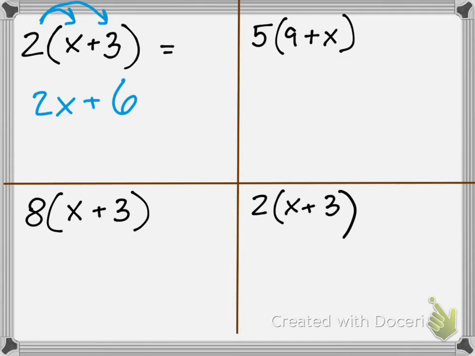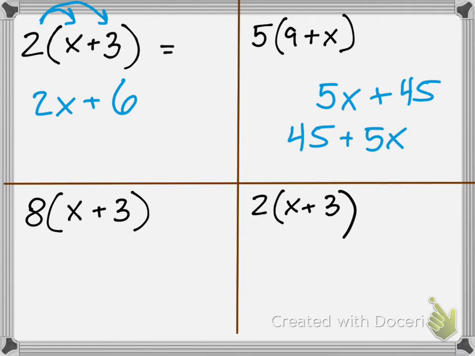So, Amelia, what is 5 times, in parentheses, 9 plus x? What is that going to be equal to? Okay, so like how we did on the last problem, we can do 5x plus, and then we multiply 5 times 9, which you get 45. Perfect. Is she wrong because she didn't write it as 45 plus 5x?